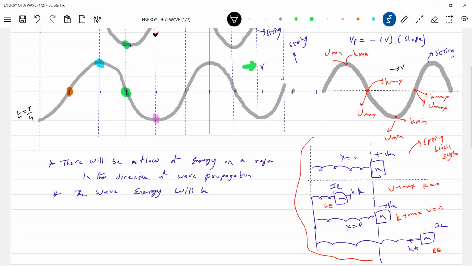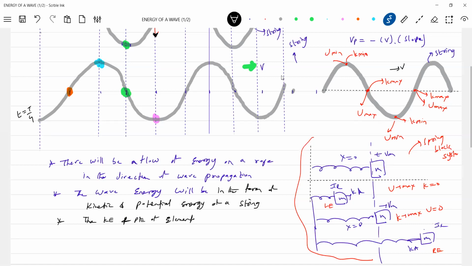The wave energy will be in the form of the kinetic energy and potential energy of elements.